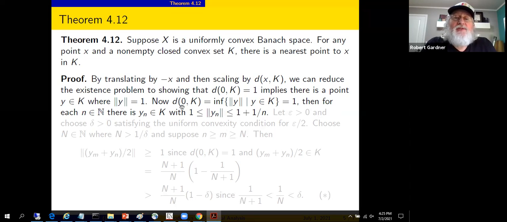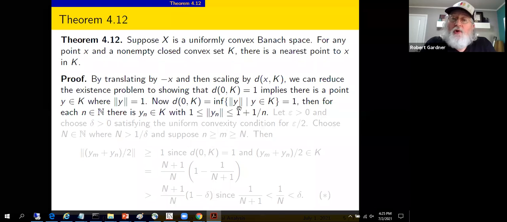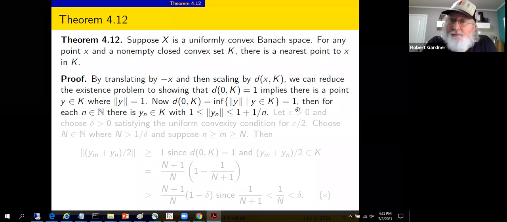All right, the distance from 0 to K, by definition, is the infimum of the norm of y minus the point, 0 in this case, so just the norm of y, where y ranges over K. We've scaled things so that this distance becomes 1. We're taking the infimum of a set of real numbers. These real numbers are norms of vectors in set K, and the infimum of that set is 1.